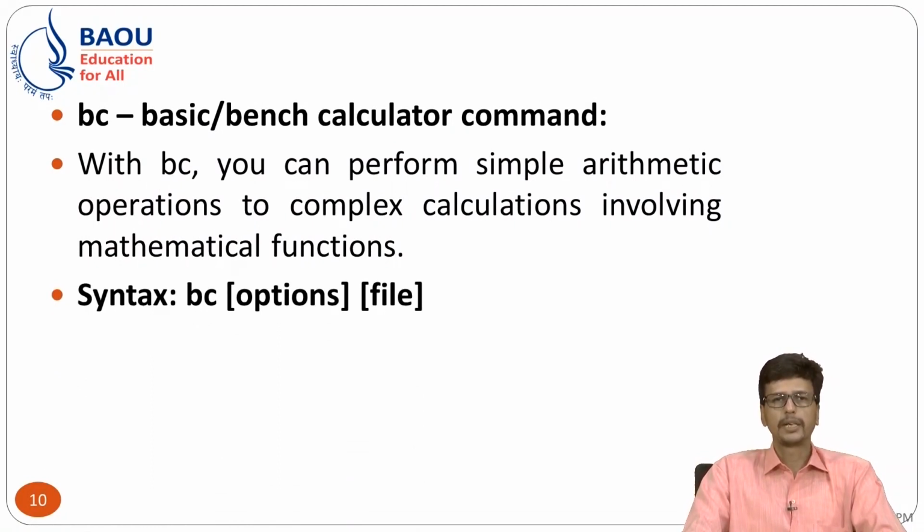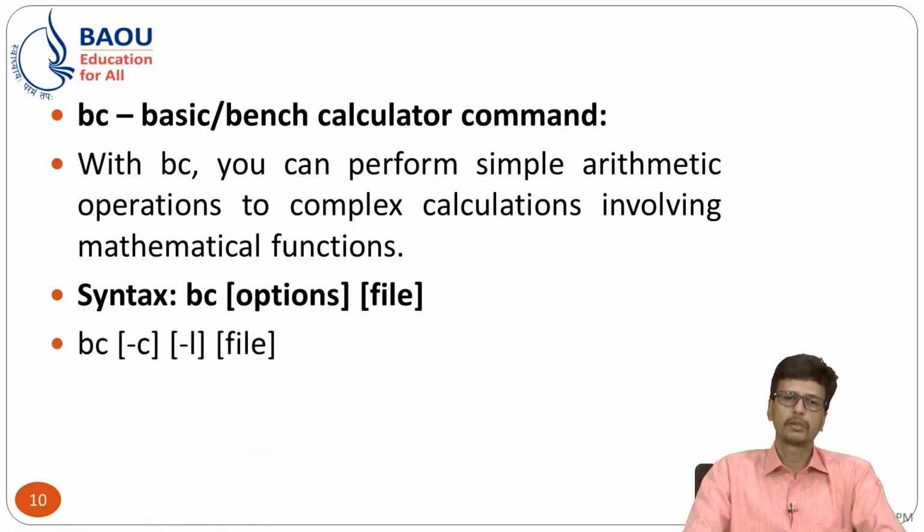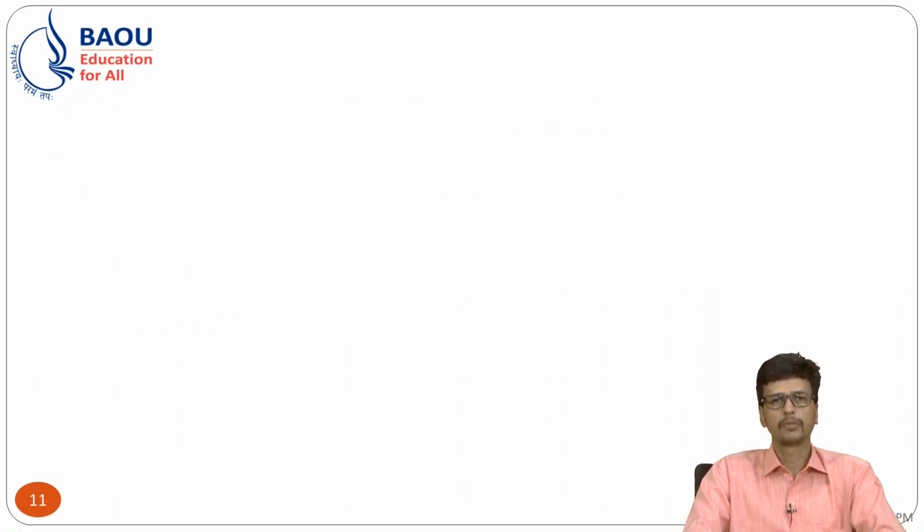The options may vary according to your requirement, which kind of operations you want to perform. Accordingly you have to change these commands. The basic options are C and L, and then the file name, which is again optional. If you do not enter the file name, the prompt will open directly.